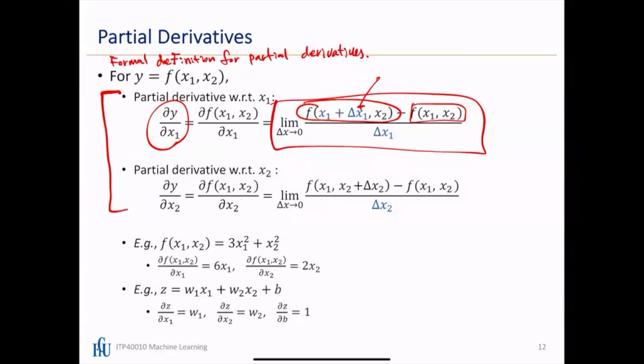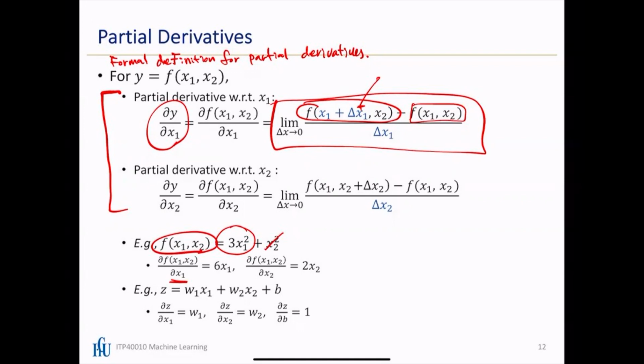So here comes some examples. You have a function that is 3x1 squared plus x2 squared. If you take the derivative with respect to x1, the second term, x2 squared, is considered a constant. You're only considering the first term. And the square becomes 2 in front of the term.